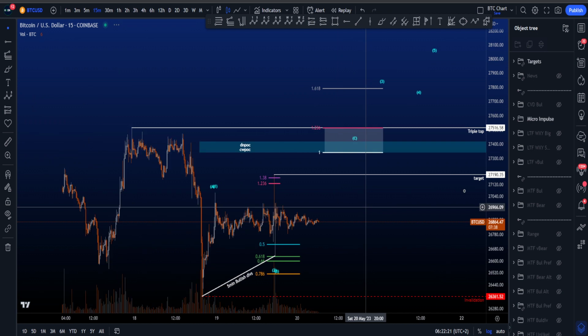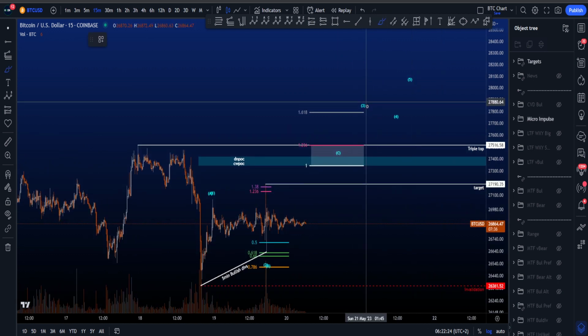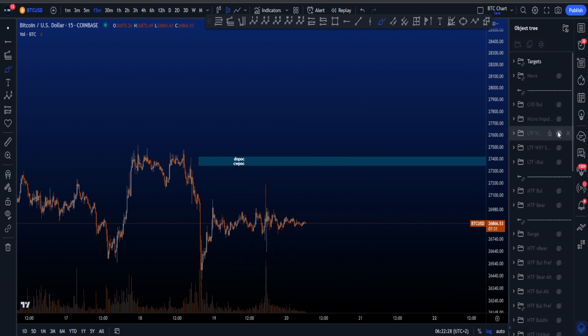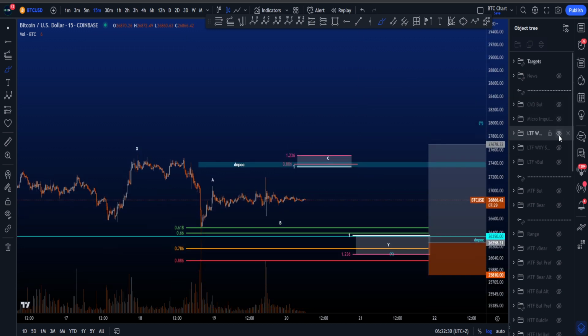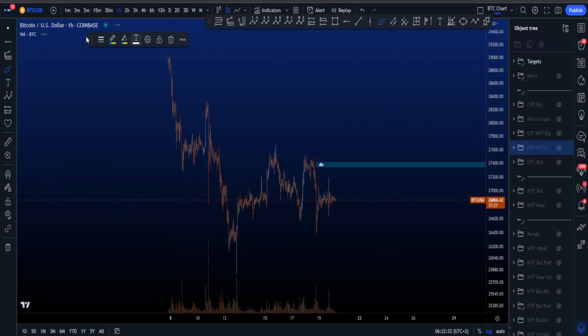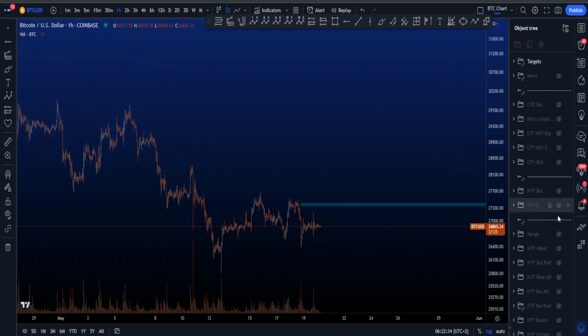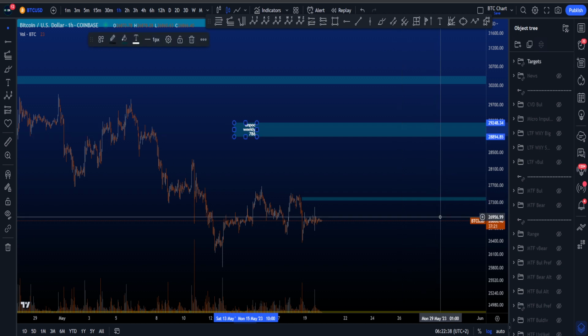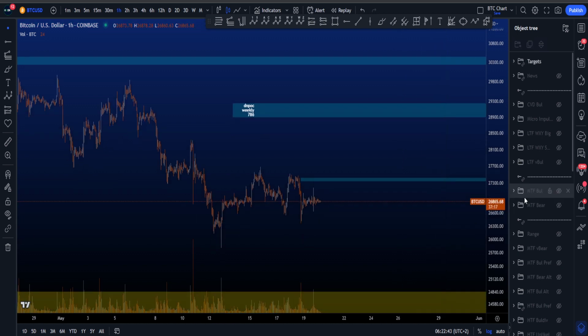Now, if price is going to move above this wave 3 over here, then the next area of resistance that I would be looking for, and I actually have to zoom out over here back to the 1 hour, is the following. We have a target box between 28.9k and 29.2k, so that is a very important area.